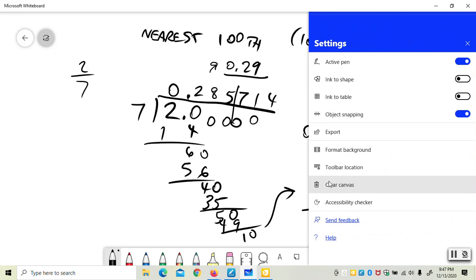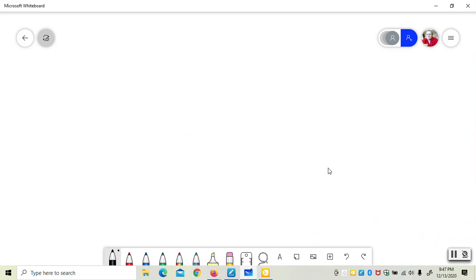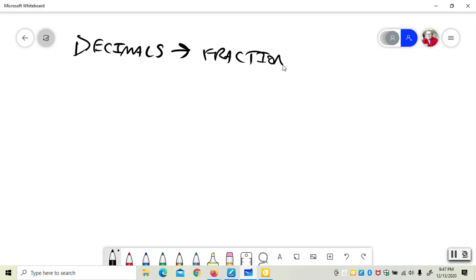Now that we've done the hard part, let's do the easy part, which is decimals to fractions. So if I had 0.4, well, you know your places.